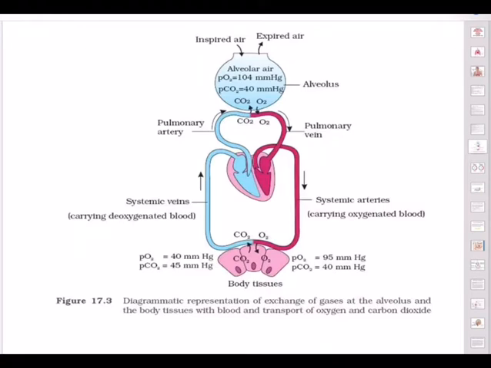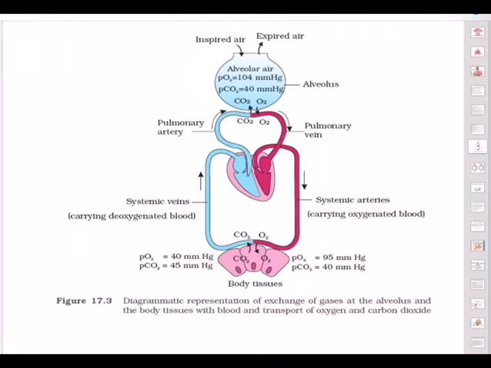More in athletic people than in thin, non-exercising people, lazy fellows, I can say. With the exceptions of FRC and RV, all other respiratory volumes and respiratory capacities can be measured with the help of a simple instrument called spirometer. With that we can measure.